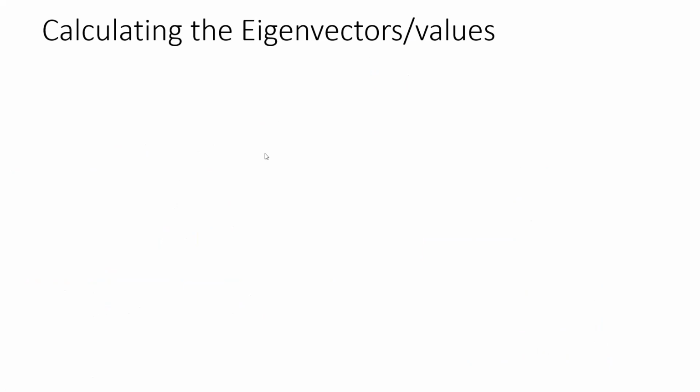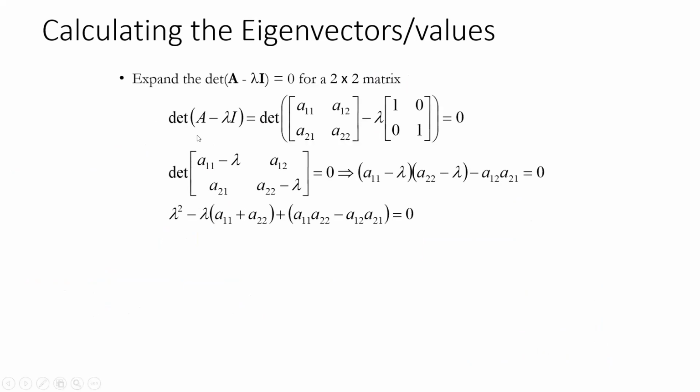So calculating the eigenvectors and eigenvalues. We have seen that we expand the determinant of A minus lambda I equal to 0. For a 2 by 2 matrix, we get lambda square minus lambda times (a11 plus a22) plus c, something like a x square plus b x plus c equal to 0.